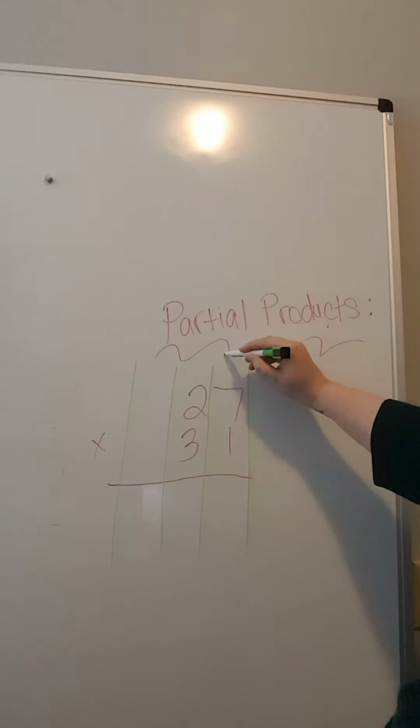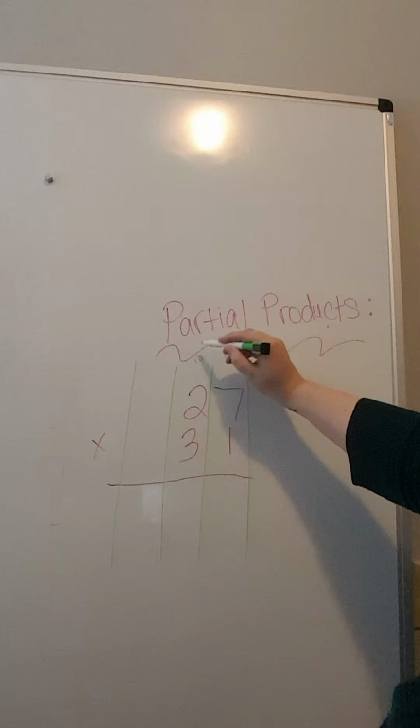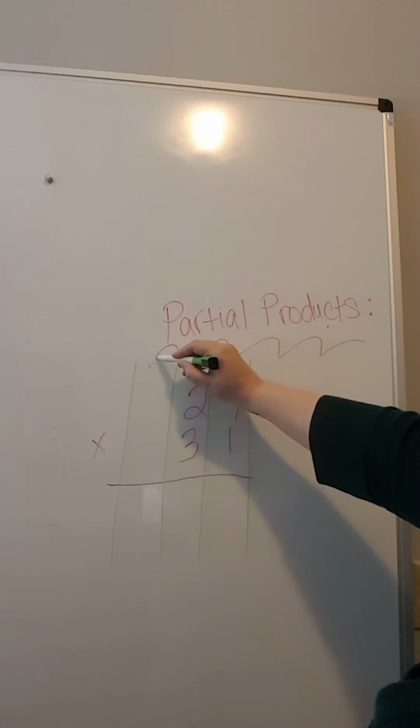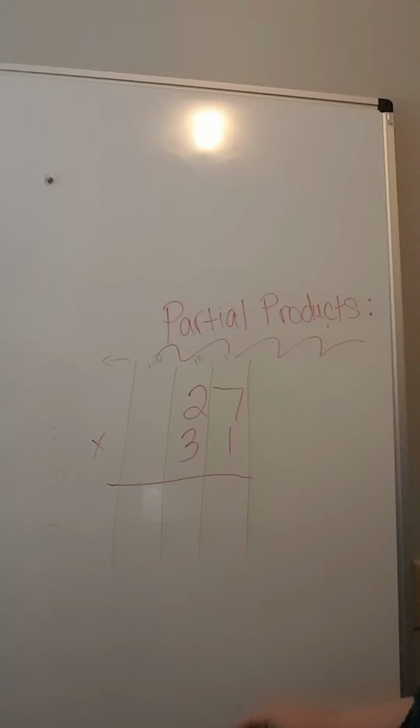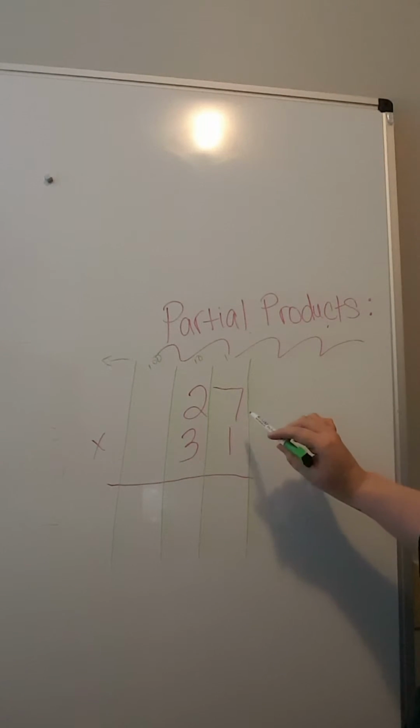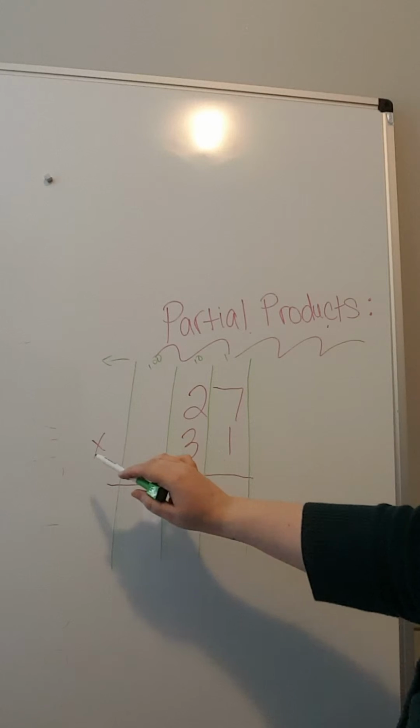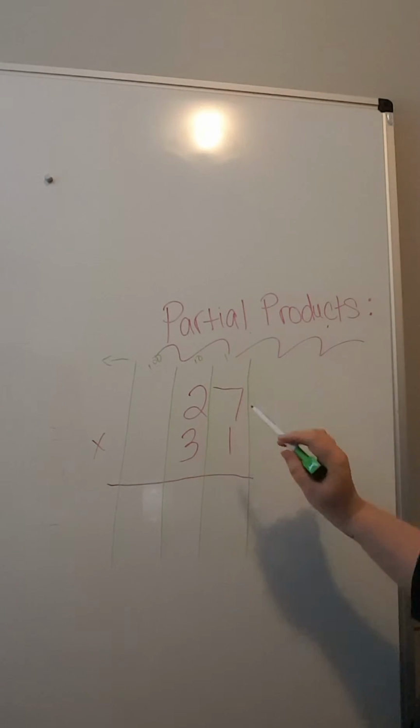And again, this is our ones place, tens place, hundreds, and then we can go on past there if we need to. So again, just like in the other problem, we are going to start down here, and we're going to multiply 1 times 7.